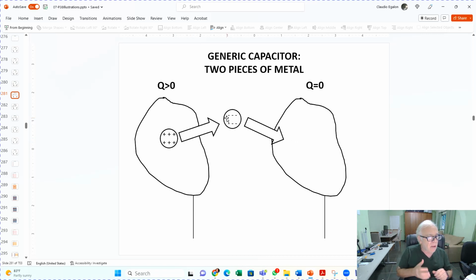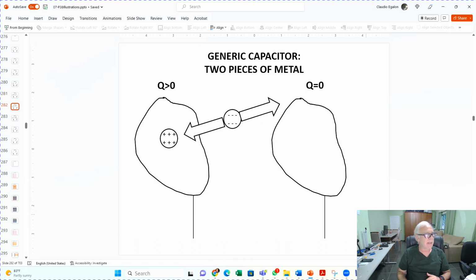This process of shoving my hand into that piece of metal, getting some negative charge, and moving it to the other piece of metal adds potential energy in the same way that I add gravitational potential energy by raising this mass against the force of gravity. That's the analogy between electric potential and gravitational potential.